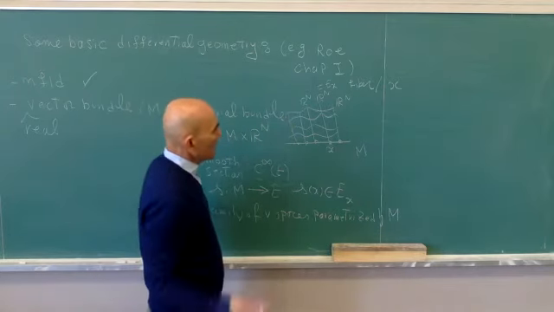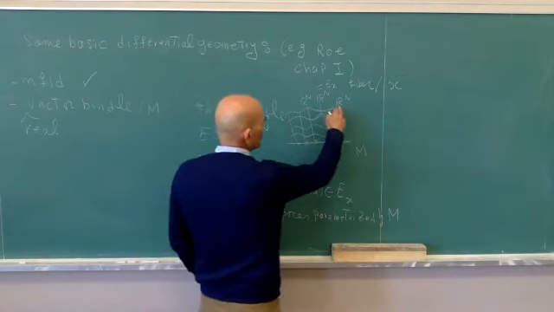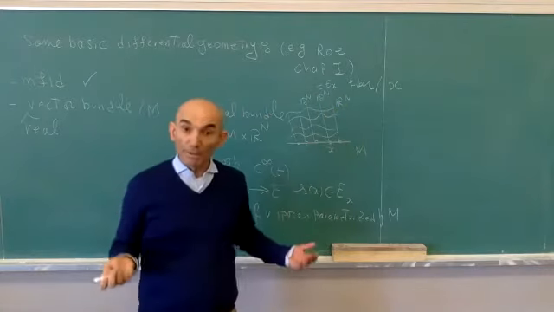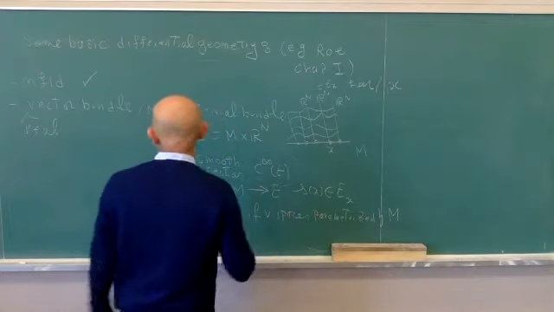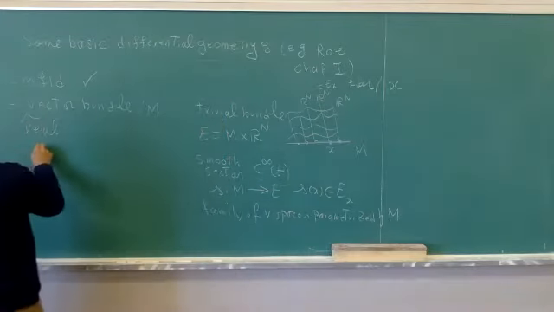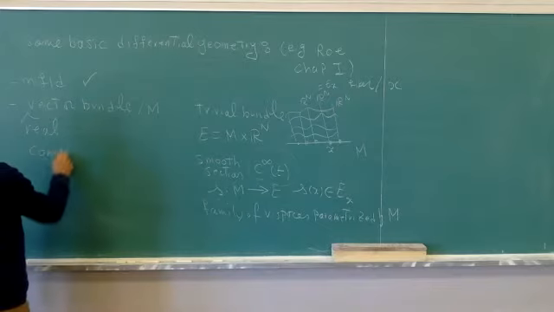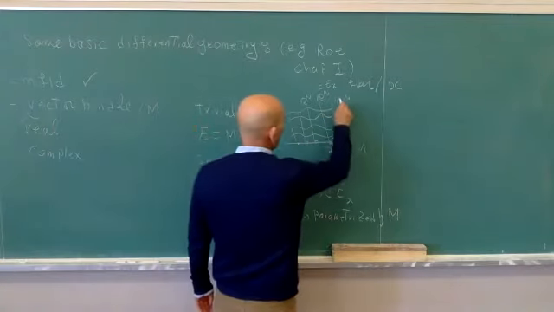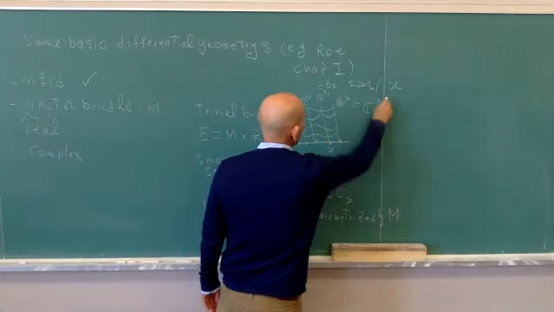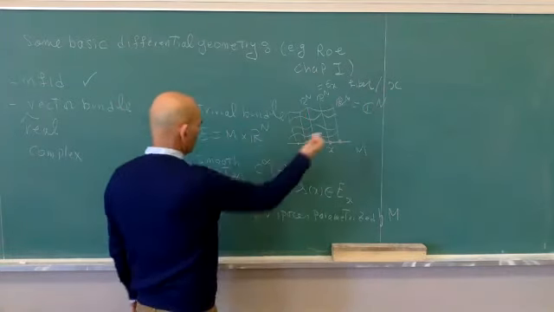Now, you can choose R^n, or you can choose a complex vector space, in which case it's called a complex vector bundle. Then you replace R^n by C^n and go just like that.